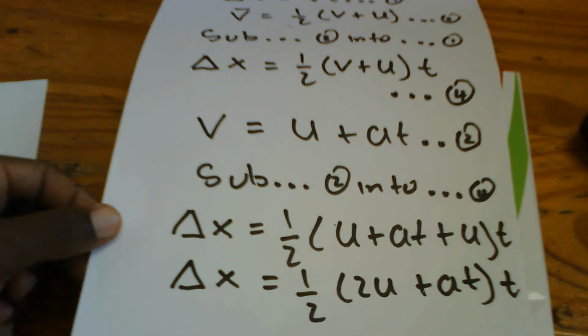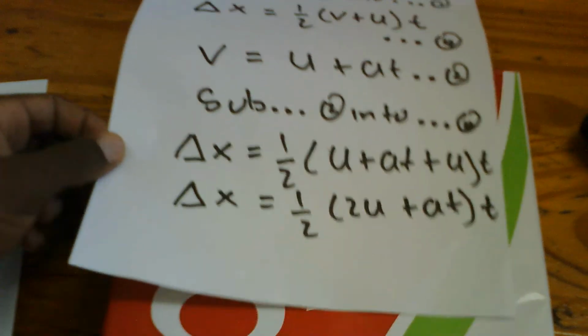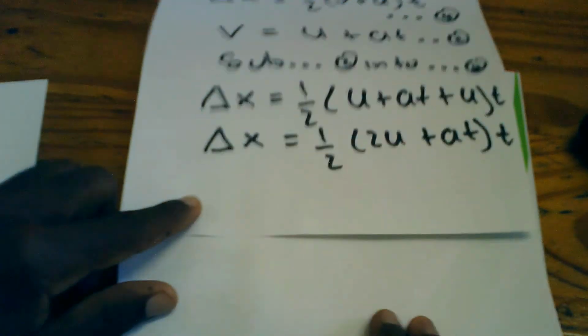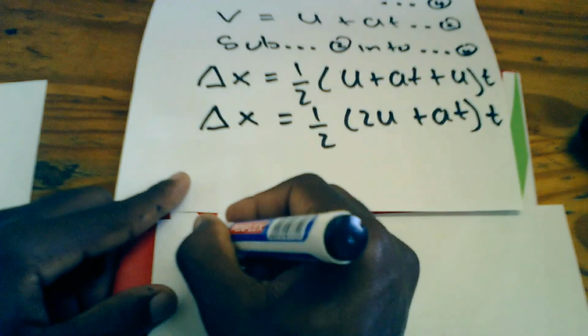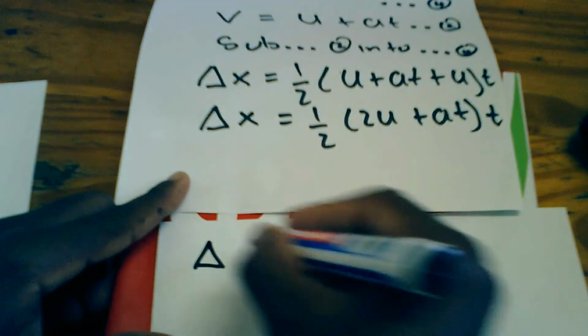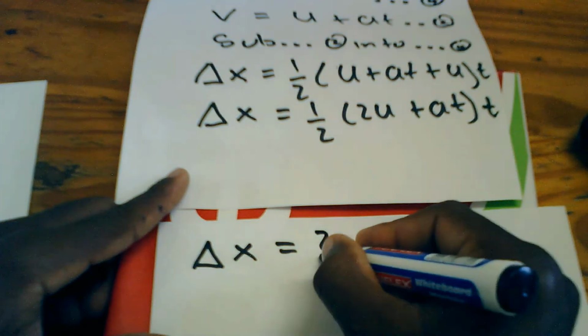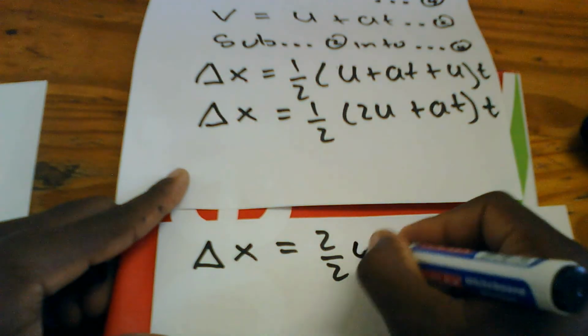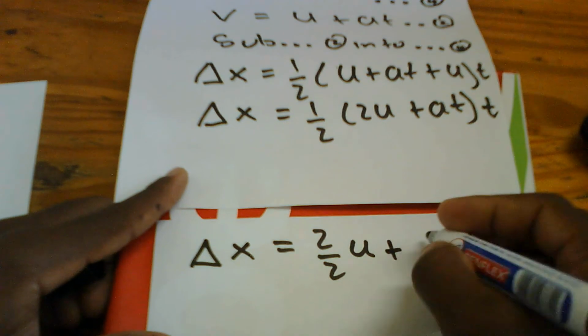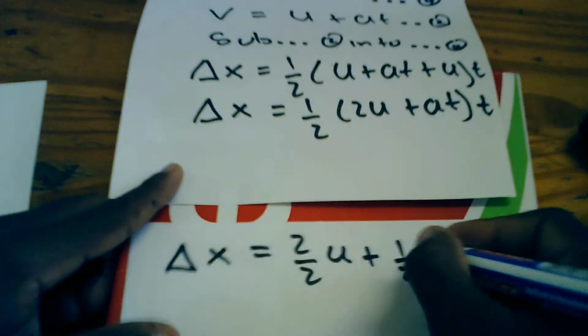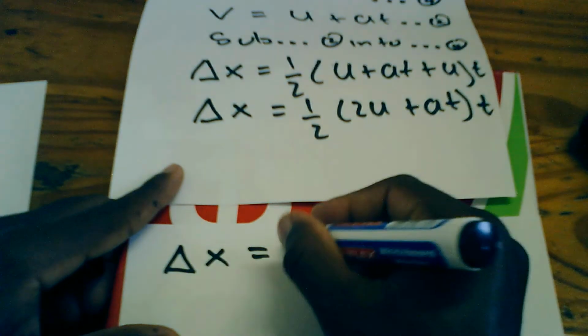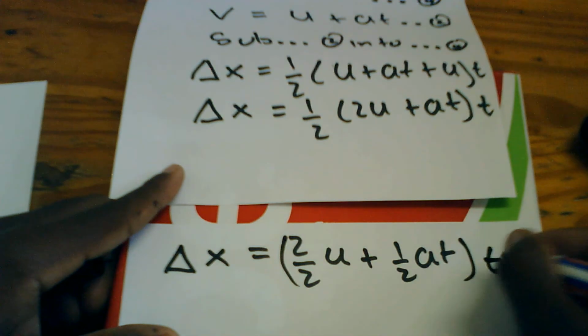So now we can multiply in. From there you can see that the change in displacement is equal to 2 over 2 ut plus 1 over 2 at, like this.